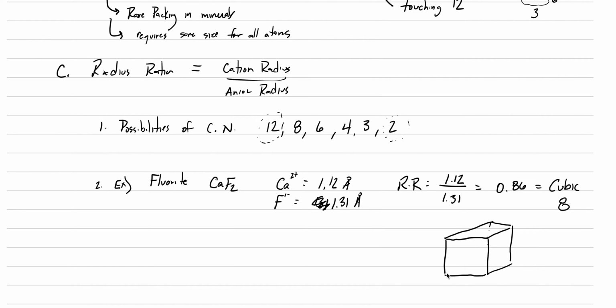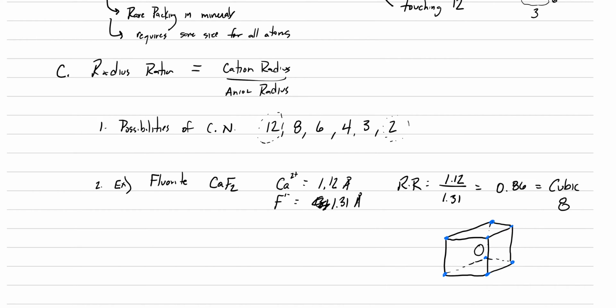And it ends up looking like this. We have our cube, which we've drawn many, many times. Sitting inside the center of that cube is 1 calcium 2+, and then 8 fluorines are packed around it. This is all information we just got from the coordination number.